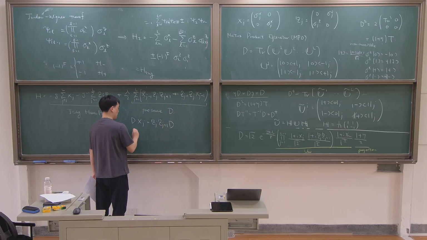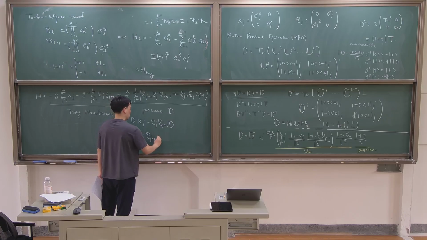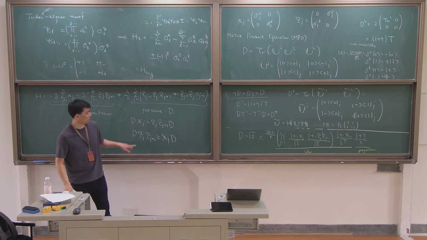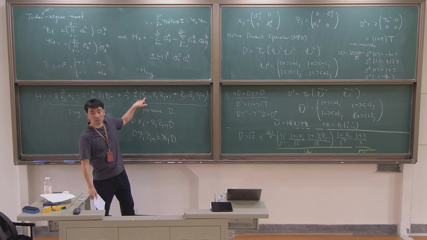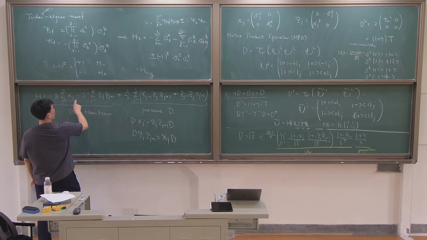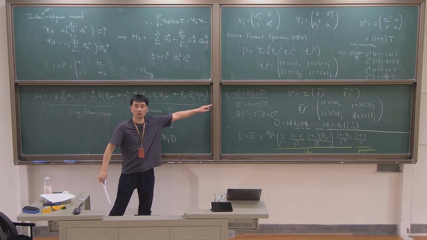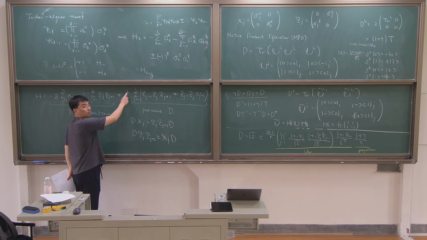On the other hand, if you act with D on Z_j Z_j plus 1, you get X_j D. So if you act on this term, you get the next term. Therefore, this term preserves D. That's why you choose this one. This is linear, this is quadratic in Pauli matrices, and this is cubic in the Hamiltonian. But you just have a deformation parameter lambda.